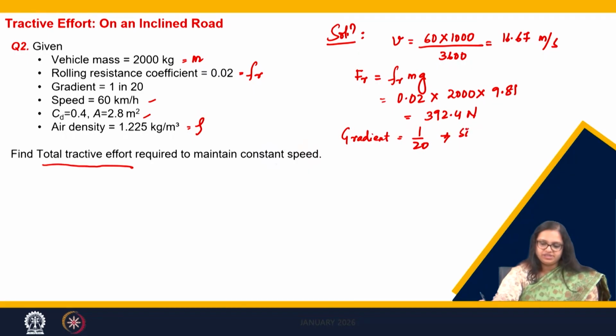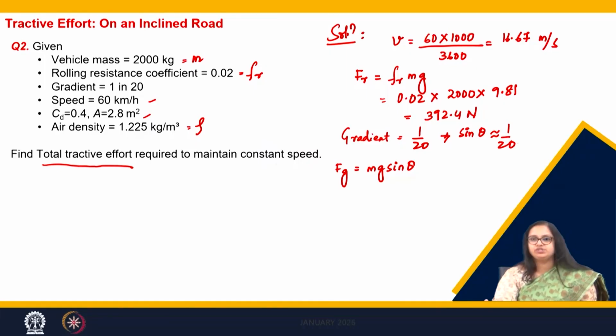Well, when we talk about gradient, here our gradient is given as 1 by 20. So, here my sin theta is equal to 1 by 20. So, my Fg, that is the gradient resistance, is given by mg sin theta. In the previous question there was no gradient, therefore Fg was 0, and we have not considered the inertial resistance.